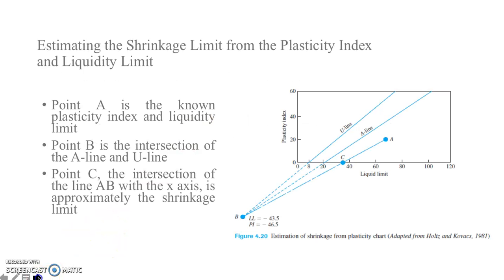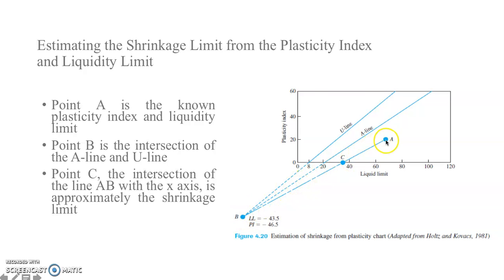So we have here the shrinkage limit, estimating the shrinkage limit from plasticity index and liquid limit. You have your point A, which has known plasticity index and liquid limit, and point B, which is the intersection between the A line and the U line. And this is point C, the intersection of the line AB with the x-axis, which is approximately the shrinkage limit.